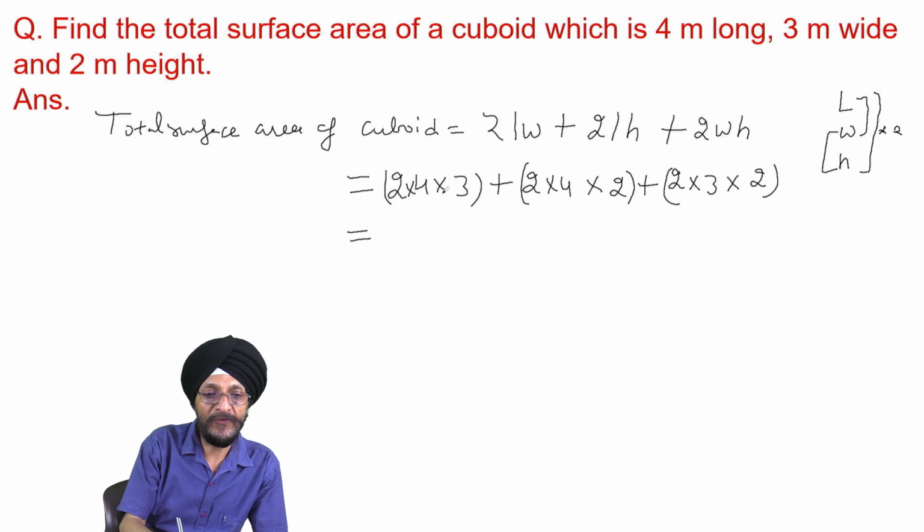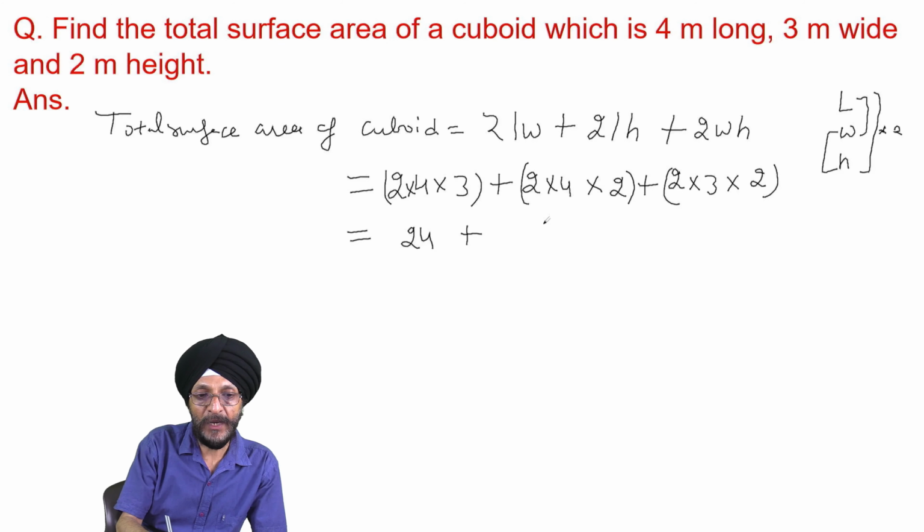2 multiplied by 4 multiplied by 3. 2 4 8, 8 multiplied by 3, 24. 2 multiplied by 4, 8 multiplied by 2, 16. 2 multiplied by 3, 6 multiplied by 2, 12.